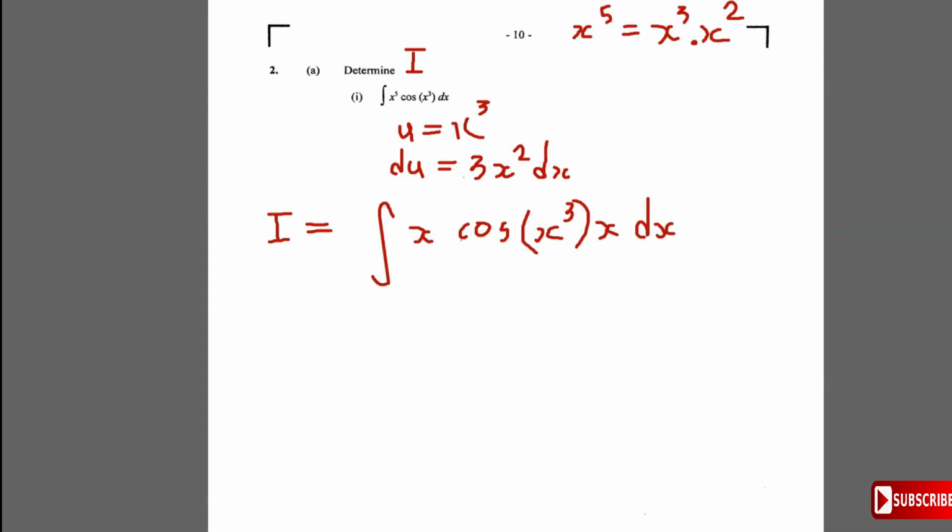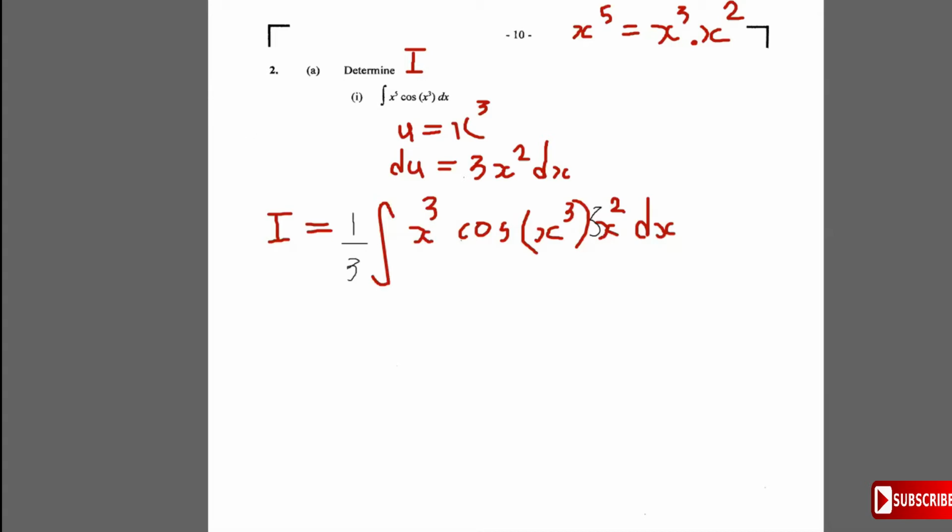And you might say, sir, why did you do that? Why did you break up x to the fifth? I broke up x to the fifth because I need to generate 3x squared dx to be du. So I need a 3 right here, and if I put a 3 here, I'm going to have to put a 1 over 3 out here.